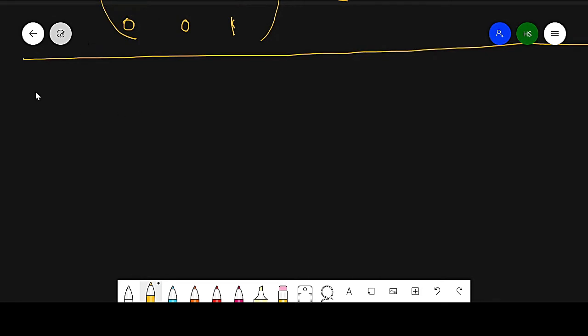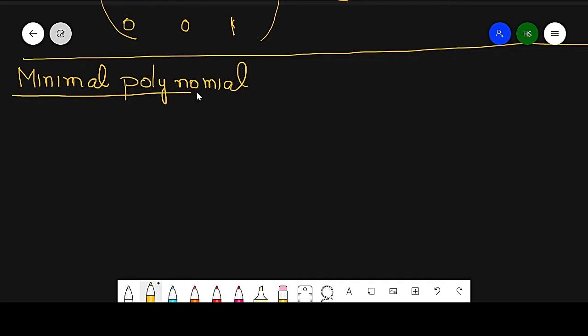Now next is a very important concept, which is minimal polynomial. Let's understand in a very simple way what minimal polynomials are.